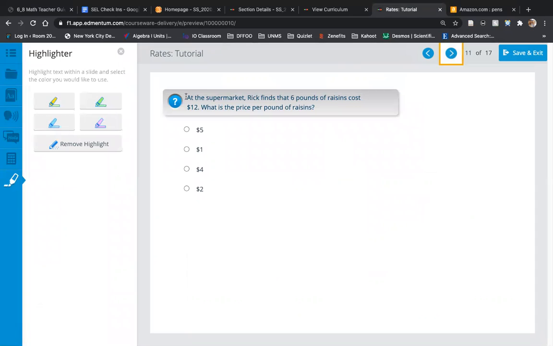Okay, so we've got another example here. It says at the supermarket, Rix finds that 6 pounds of raisins cost $12. So what's the price per pound of raisins? Again, the way that we always do these is you're always going to take the cost divided by the number of things that you're buying.